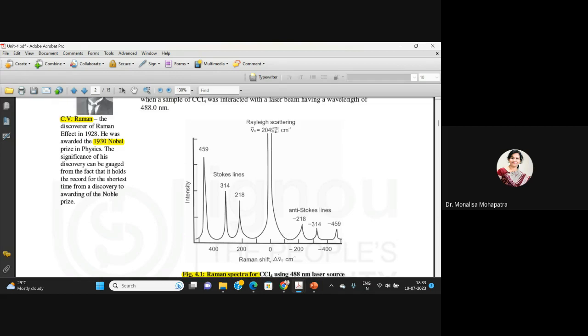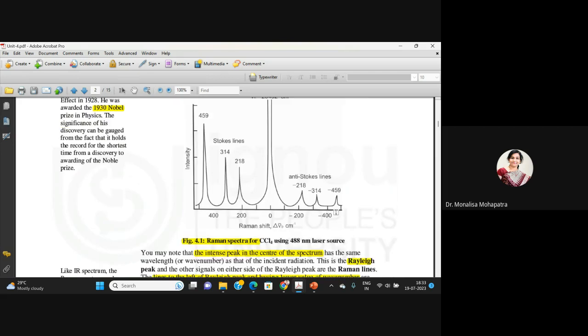So Rayleigh scattering, you can see the middle one is Rayleigh scatter, meaning it has the same intensity as your incident radiation. Then you'll have some Stokes lines and anti-Stokes lines, which we say to be Raman scattering.